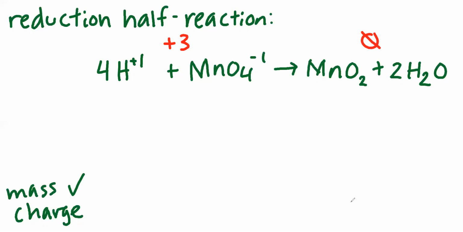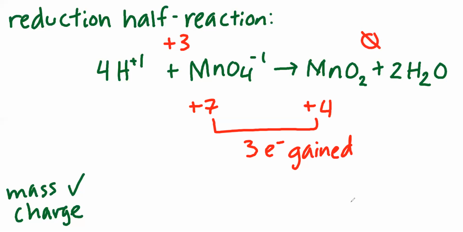So again, to find out how many electrons we need, we use the oxidation numbers. Here, this Mn was +7, and then it's +4 in the products. So that's a difference of 3. There are 3 electrons. To start off at +7 and end up at +4, those electrons are gained.